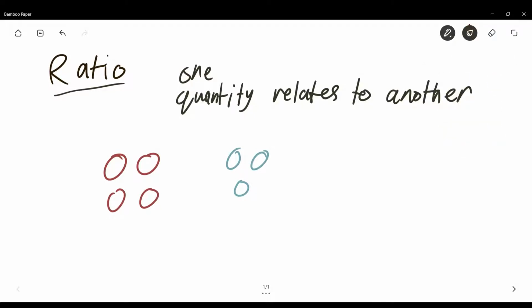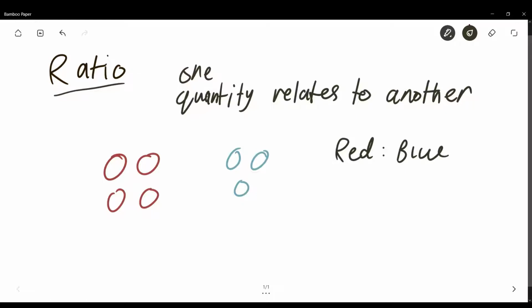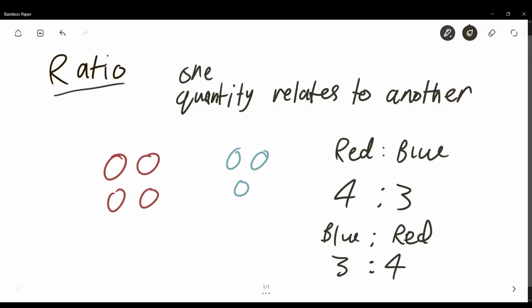So the ratio of red to blue is 4 red blobs to 3 blue blobs. If we wanted the ratio of blue to red, it'd just be the other way round. Make sure that when you are reading a question, you are using the ratio in the correct order.